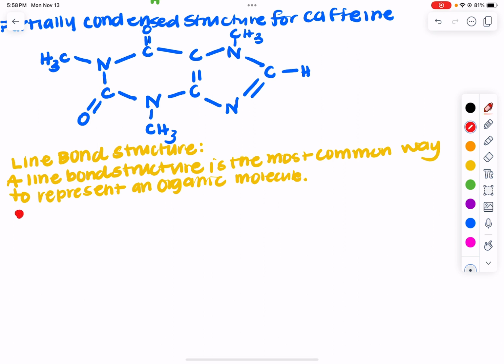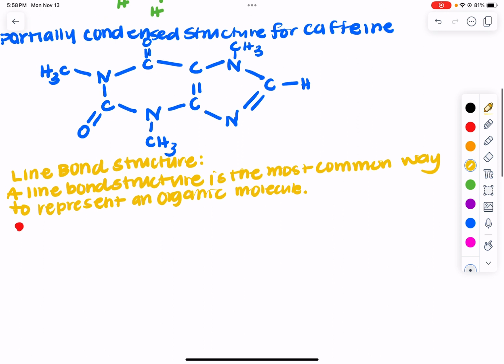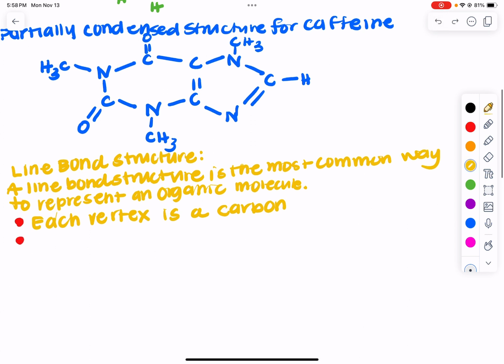In a line bond structure, each vertex is a carbon. No hydrogens are shown.